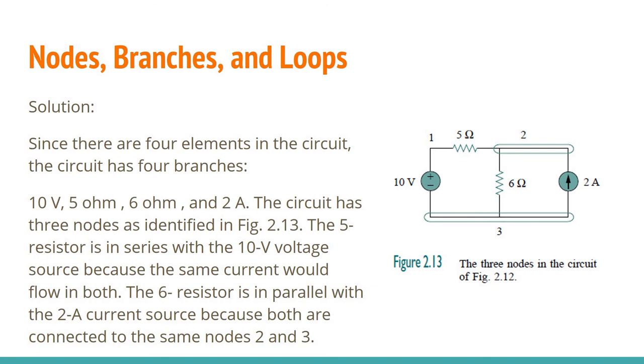And then, nag-flow padulong dito sa branch sa 2 ampere o 6 ohms. Pero, ang current nga nag-agi diri sa 10 volts o sa 5 ohms na subdivide between these two branch or two elements. So, dili sila equal. Dili equal ang current na nag-flow sa 6 ohms o sa 2 ampere.